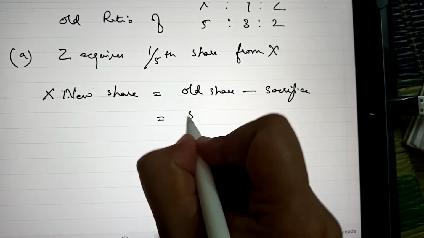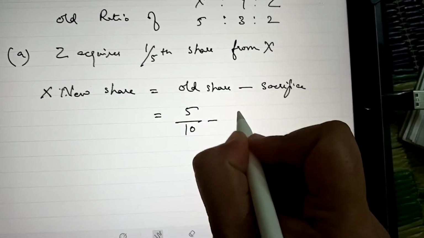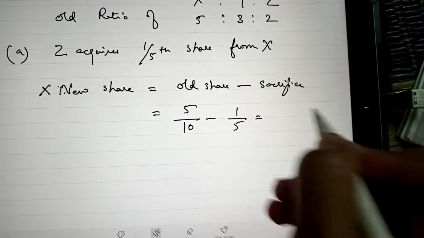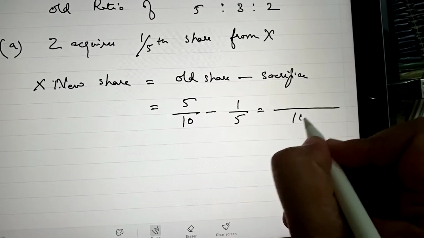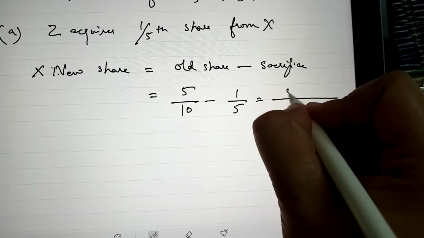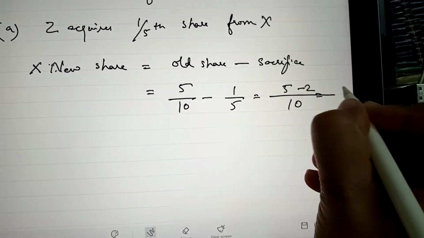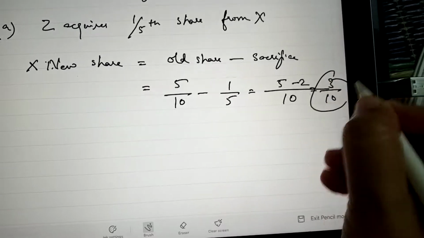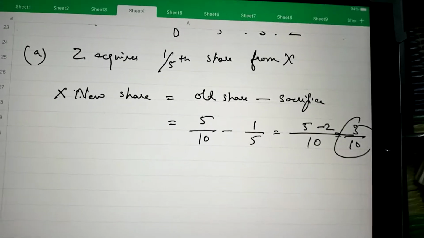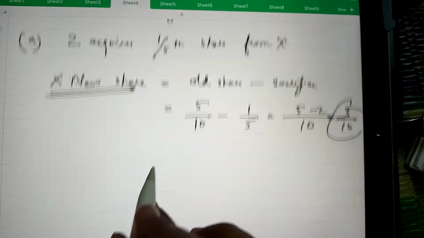His old share is 5/10 and his sacrifice is 1/5. So here the answer is 3/10. So 3/10 is X's new share.